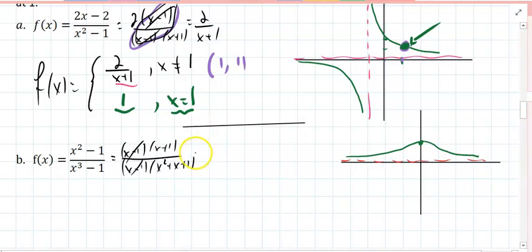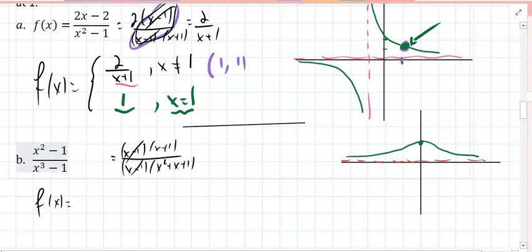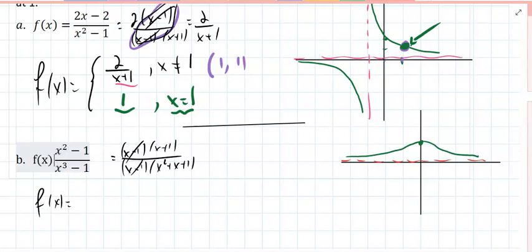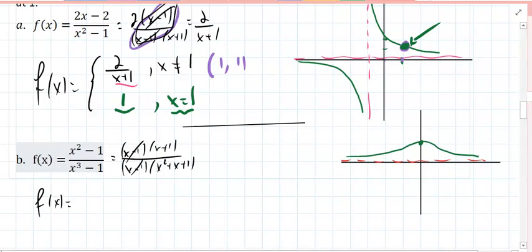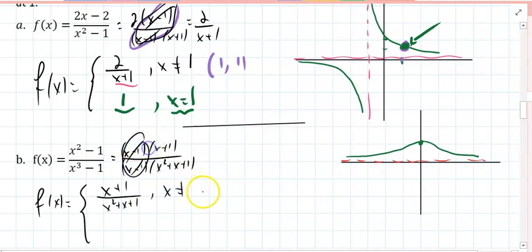Now, keep in mind, f of x equals x plus 1 over x squared plus x plus 1, provided x does not equal 1.